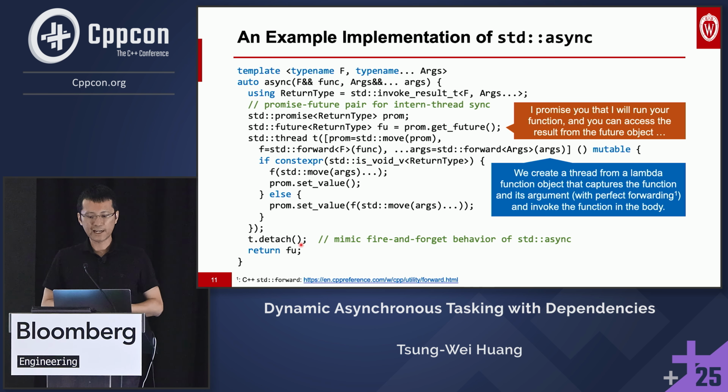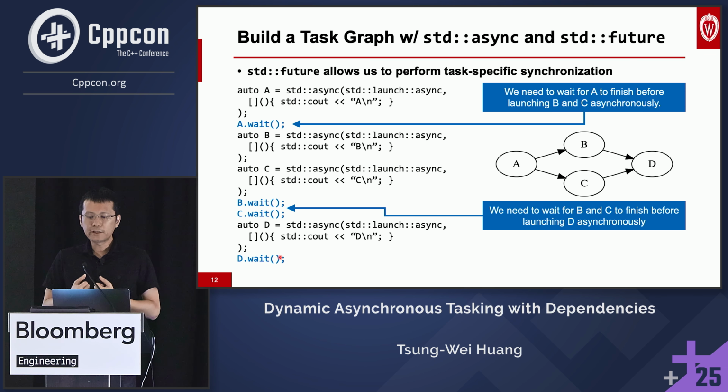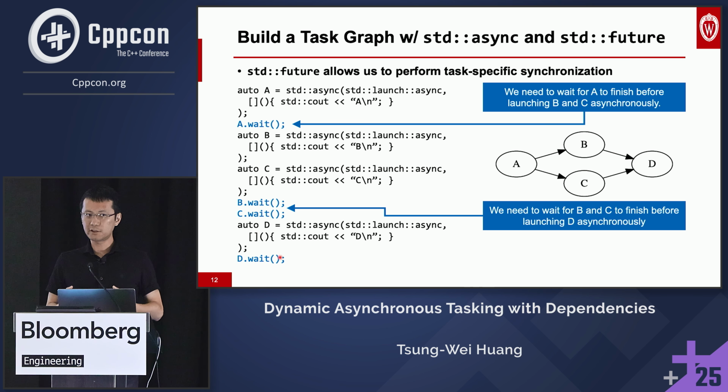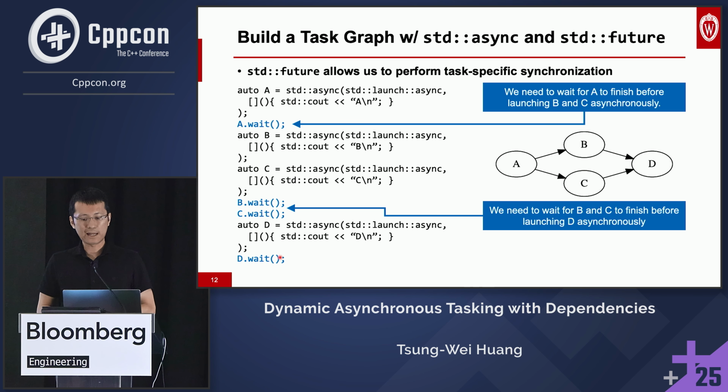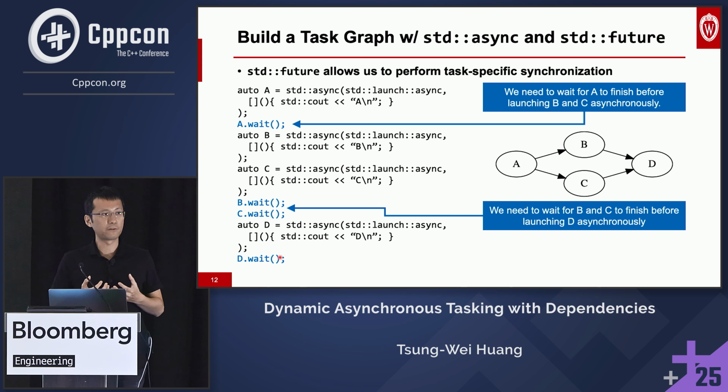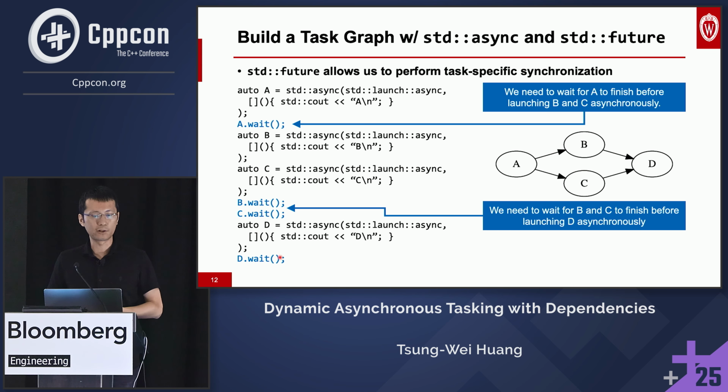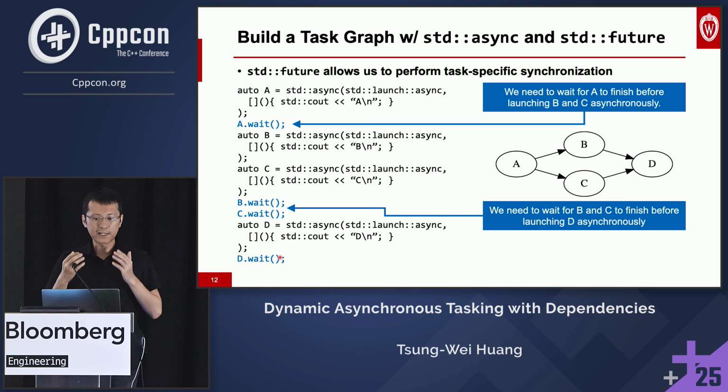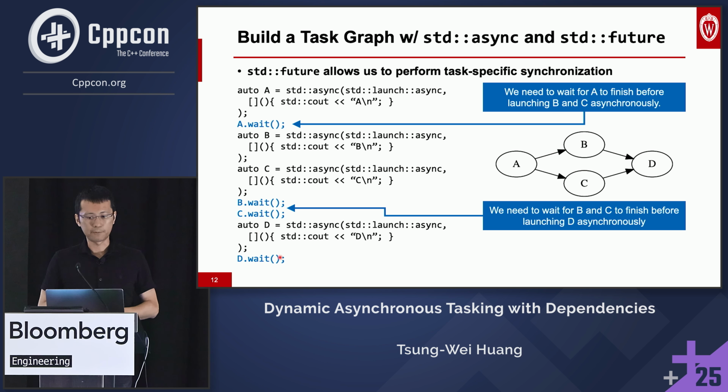With std::async and future, we can build a task graph to handle asynchronous tasking with dependencies. That is because std::future allows us to perform task-specific synchronization using the wait call or get method available from the future library.